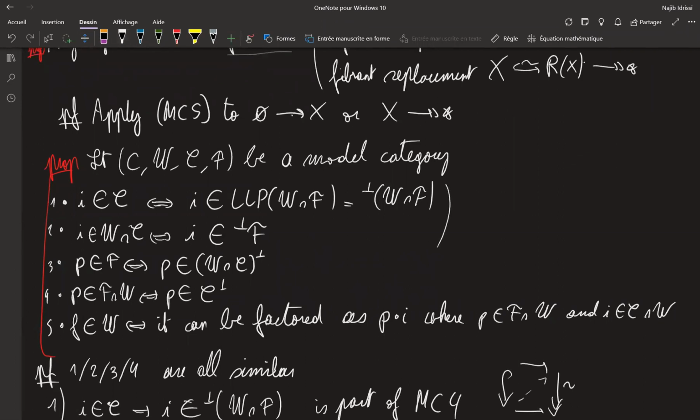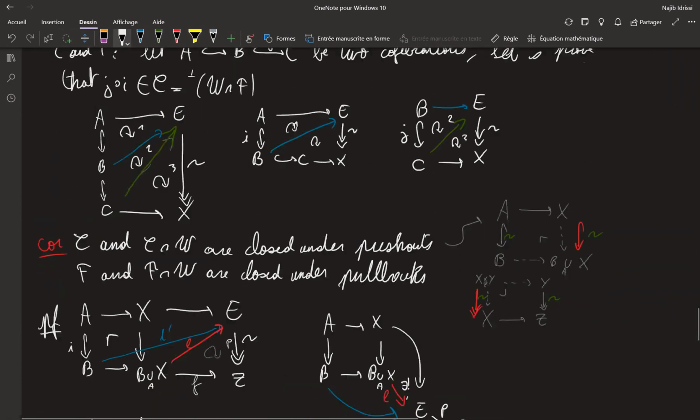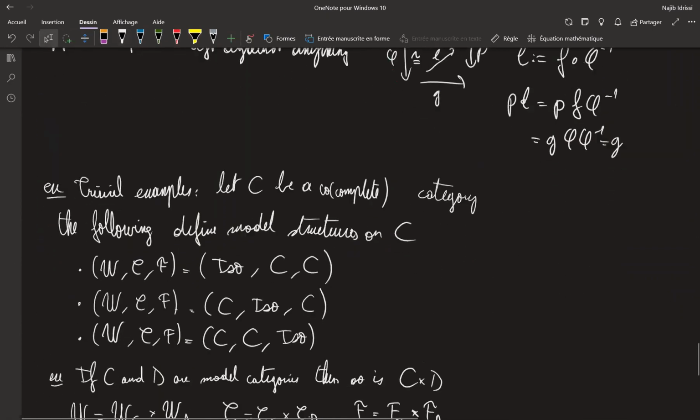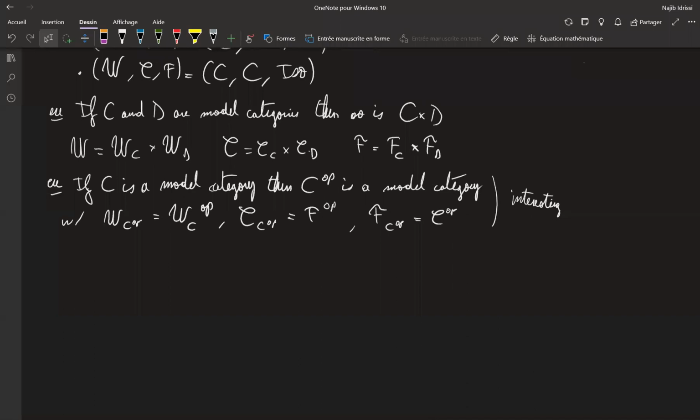We apply it to C^op, and we have 3 and 4, right? So this is often going to be the case. Right, but for many applications, it's important to have both statements, one about cofibrations and one about fibrations. But typically, they are proved in the same way.